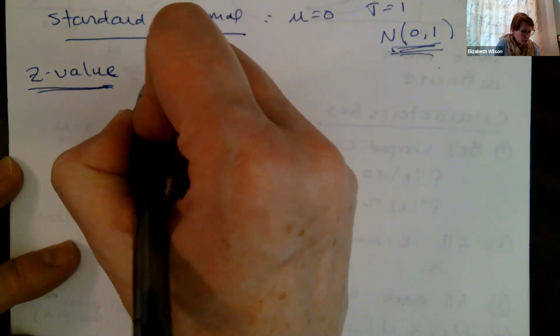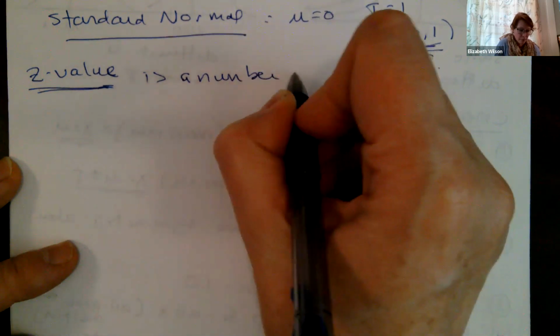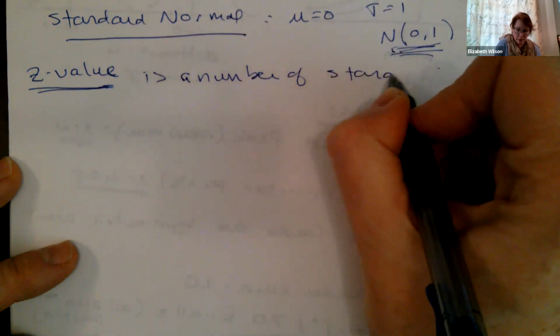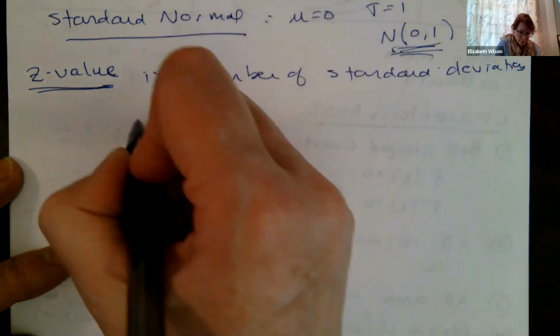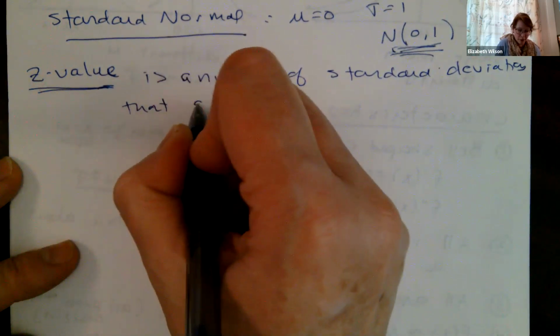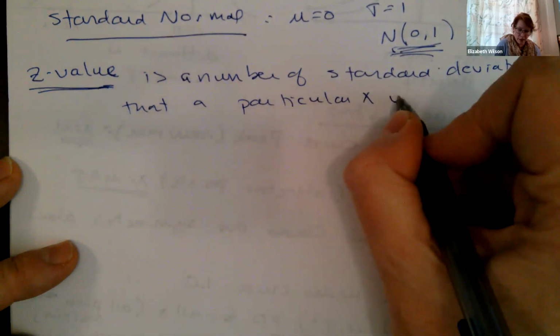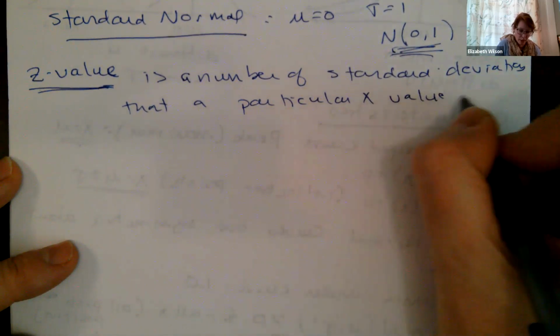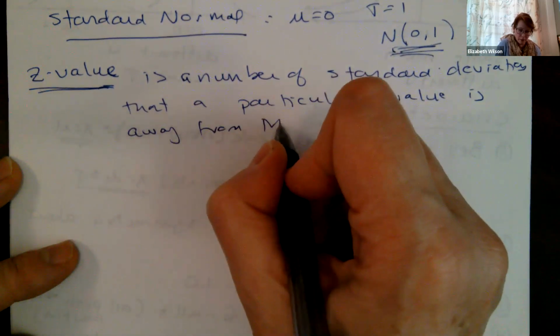So our z-value is a number of standard deviations that a particular x value is away from the mean.